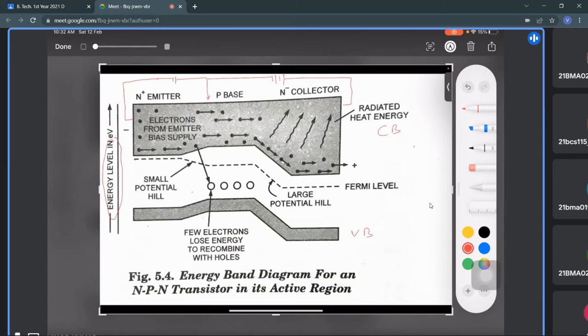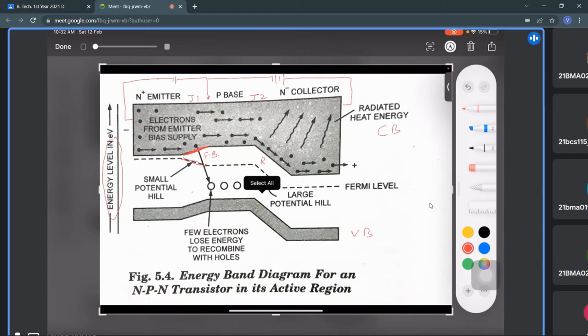Okay, because of this junction, J1 junction if you see, and J2 junction if you see, J1 junction is less steep like this, because it is forward bias.